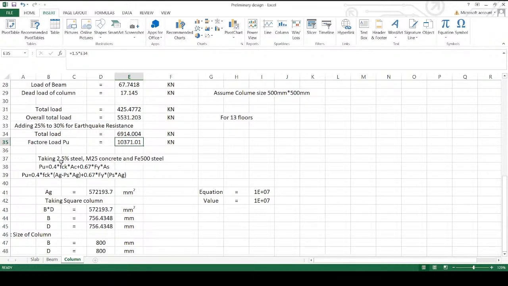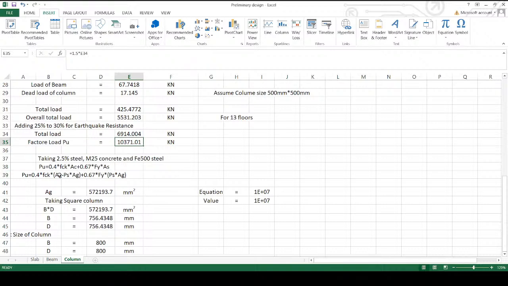Here I am taking 2.5% steel, M25 grade and Fe 500, and Pu is 0.4 fck Ac plus 0.67 fy Asc, where Ac is the area of concrete and Asc is the area of steel.